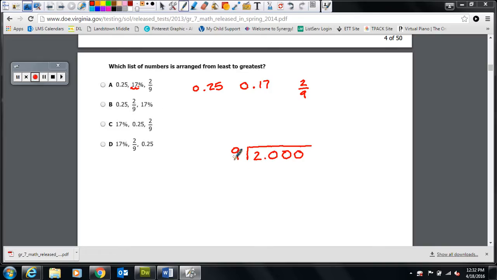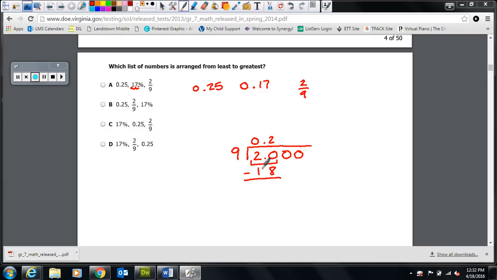So now, rather than being able to divide 9 into 2, which it doesn't go, I'm just going to put a 0 up here, and then put my decimal up next to it. I'm looking at how many times 9 goes into 20. 9 does go into 20 2 times, because 2 times 9 is 18.